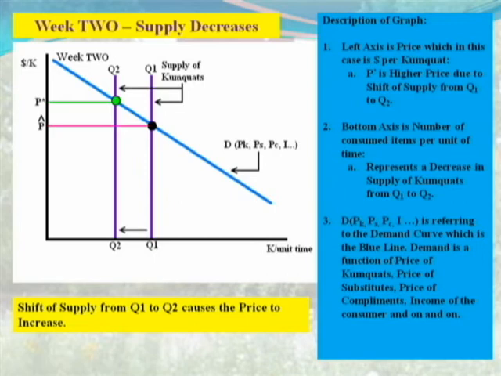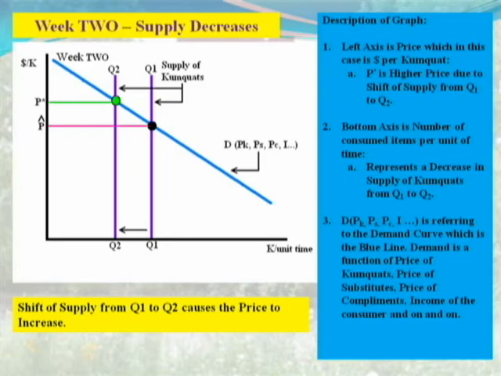We can see in the graph the purple line Q1, supply of kumquats at the first stage from the previous slide, moves lower to quantity 2 and causes the price level to increase.